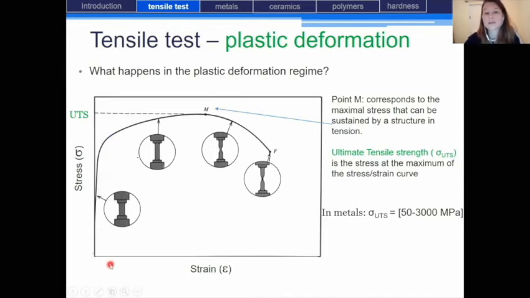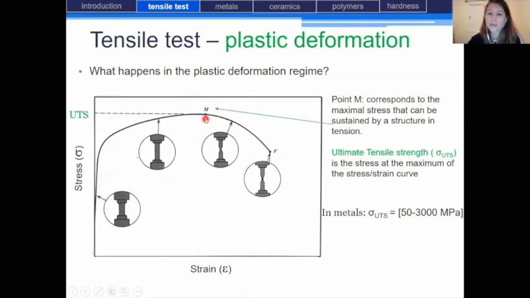Now, once the material enters the plastic regime, approximately at this point right here, the stress necessary to deform this material apparently continues to rise up to a specific point, written M, which corresponds to the maximum stress that can be sustained by a structure in tension.